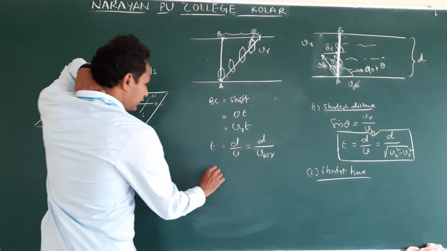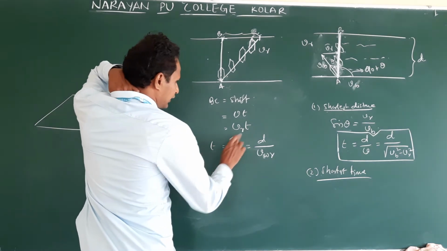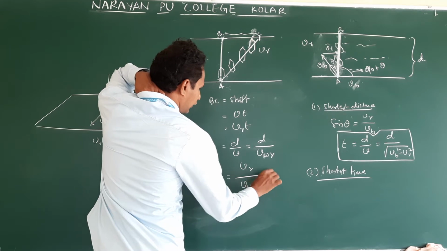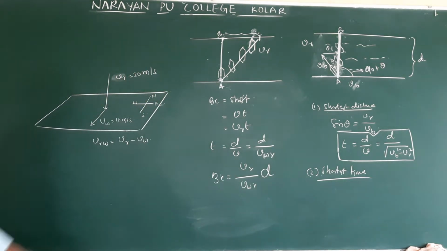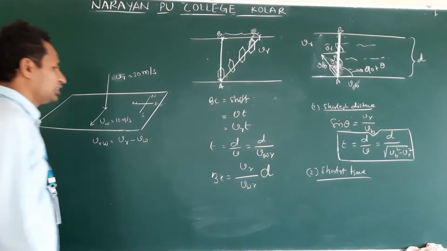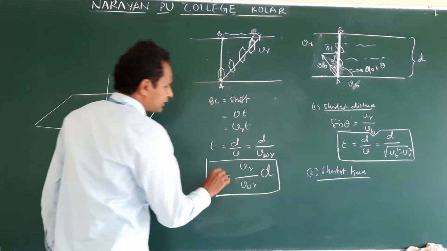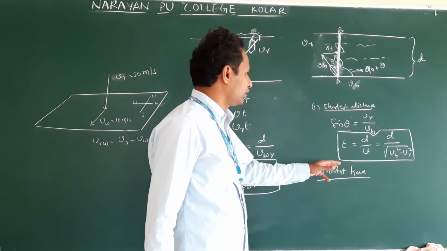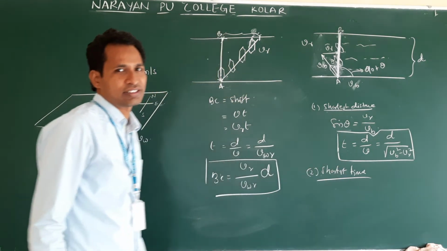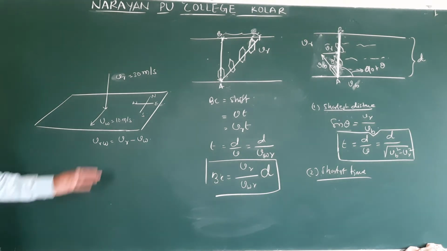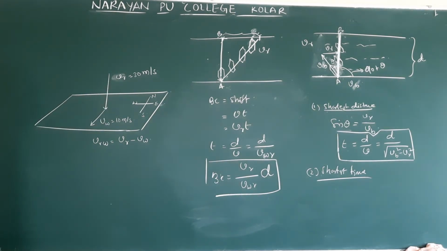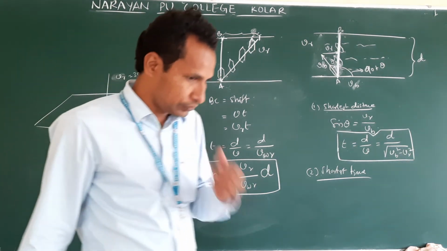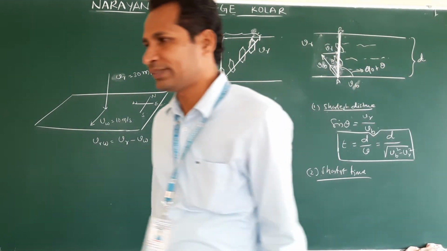So BC is equal to VR into T, substituting T here: BC = VR d by VBR. Clear? So this is in the shortest time, and that was in the shortest distance. So understand now? We follow these two concepts to solve the next problem. Clear? Please make a note on this.